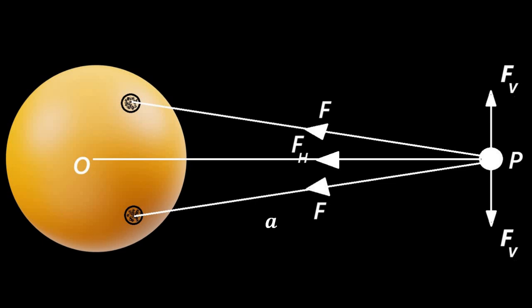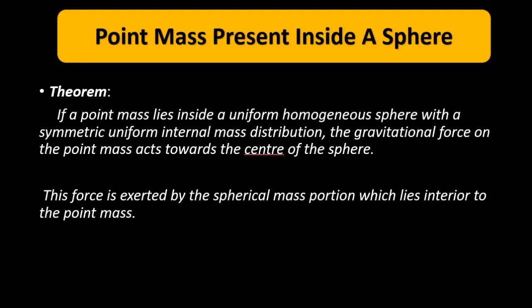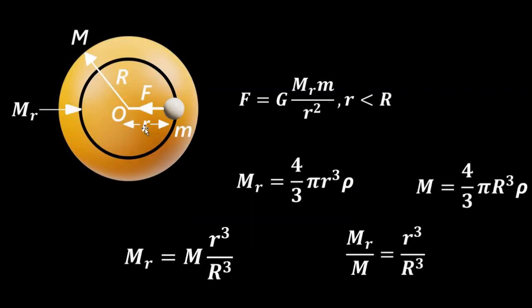Again, when a point mass is present inside a large solid sphere, the gravitational force only acts by the portion of the sphere which lies interior. So here the shaded portion exerts gravitational force on the point mass. Only this inside portion of radius small r exerts the gravitational force of attraction, and that is also directed towards the center.